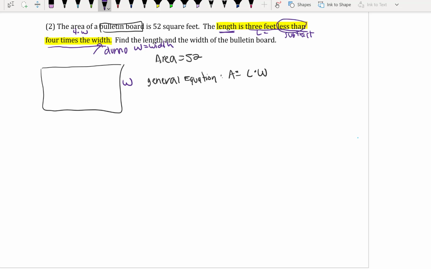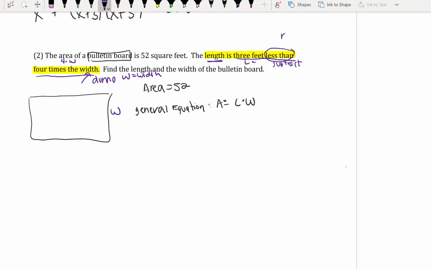And that less than also tells you to reverse the order. So you're going to have 4W minus 3, okay? So that is what my length is equal to. So I have my length is equal to 4W minus 3. And don't forget that W here represents my width.